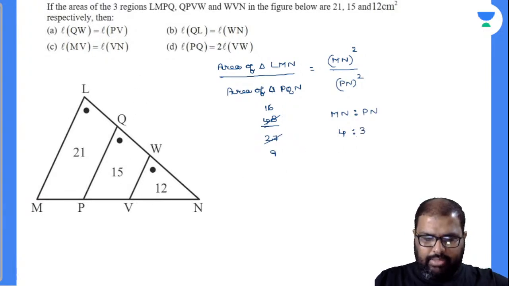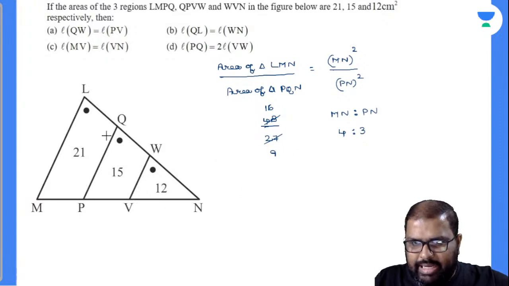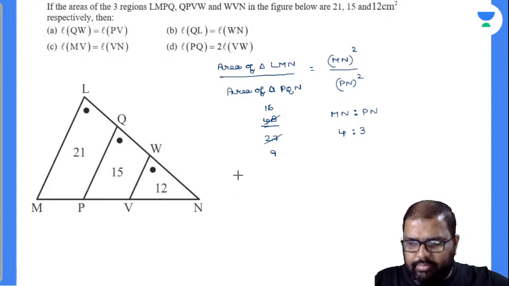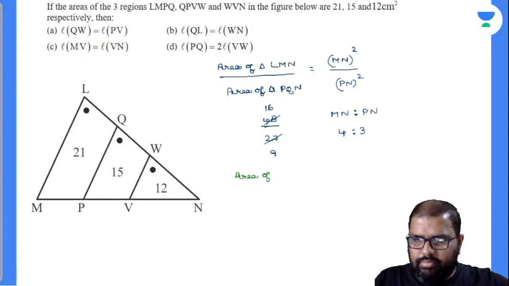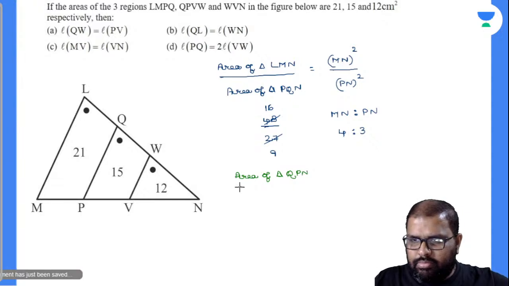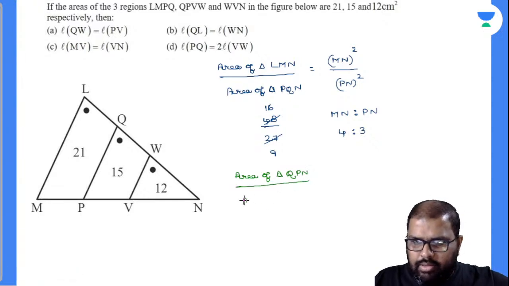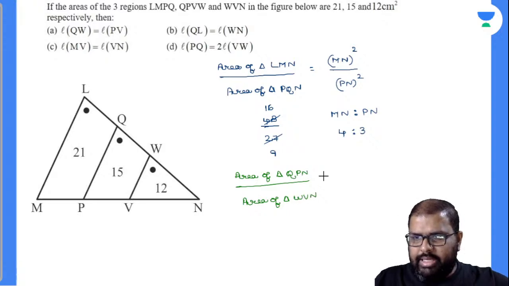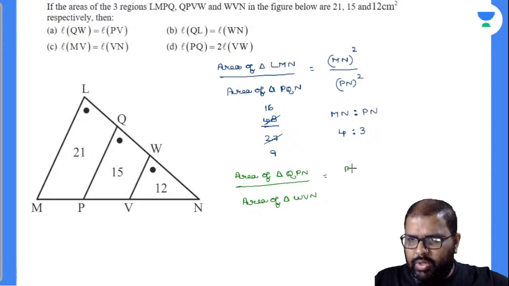Let's come to the next one. Observe this triangle QPN and triangle WVN is nothing but equal to PN whole square.